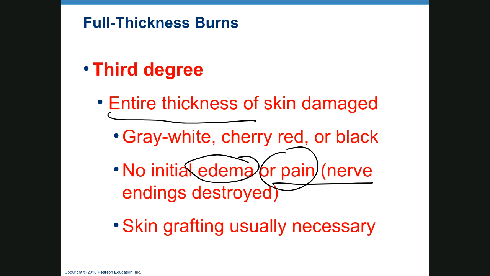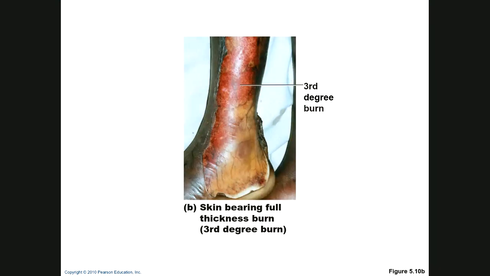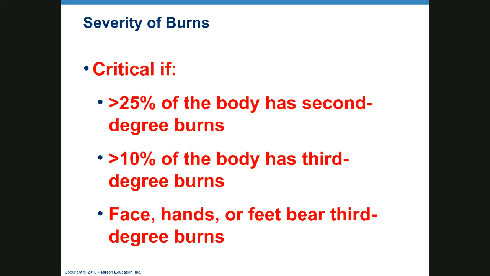The color may change depending on the level of burn and the source of the burn. So it could be a greater white, cherry red. Typically, skin grafting is going to be necessary because there's no repair at that point. The entire skin has been completely destroyed. And that's a depiction of a third-degree burn, which is pretty severe.